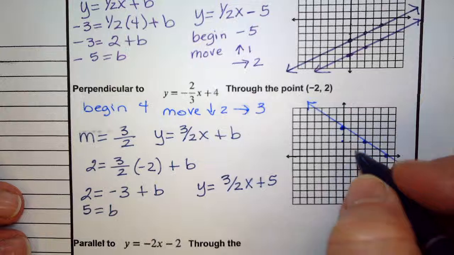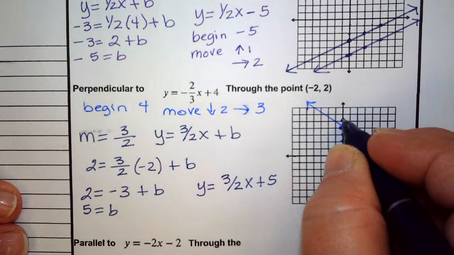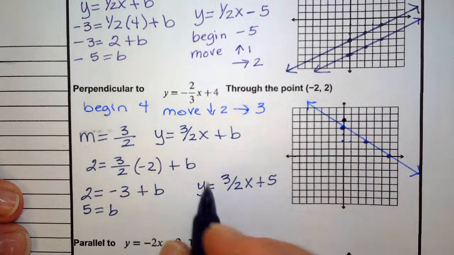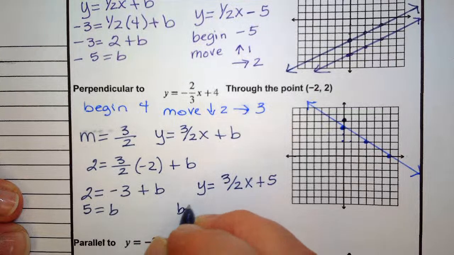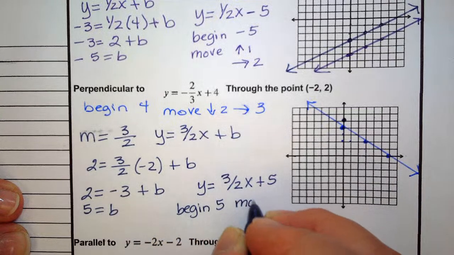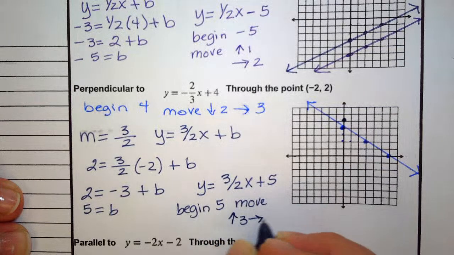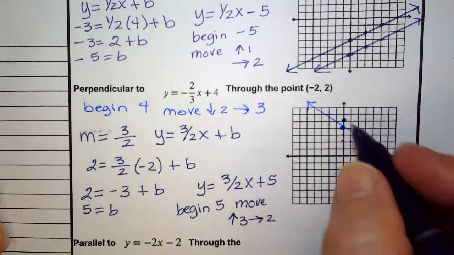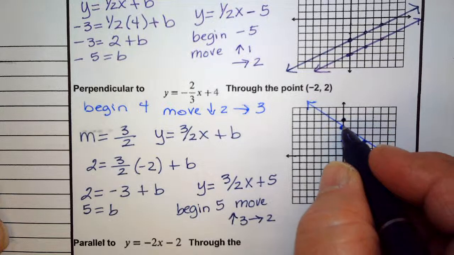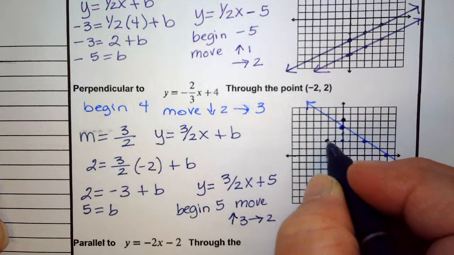We know where to start. And then we know our slope would be, we begin at 5, we would move up 3, right 2. We've got to do totally opposite, so we'll go down 1, 2, 3, right 1, 2.